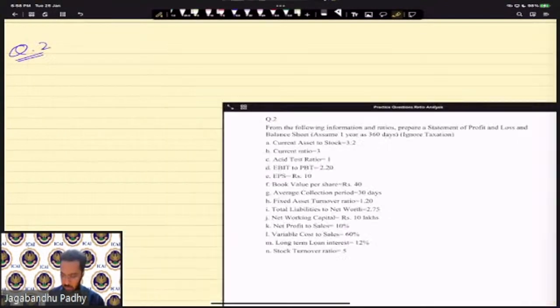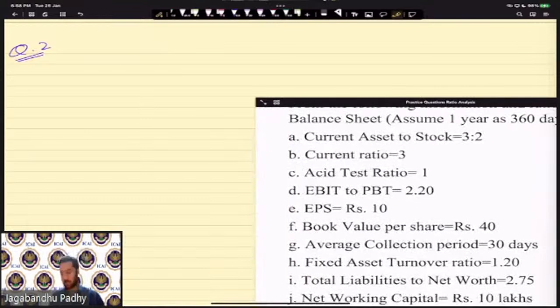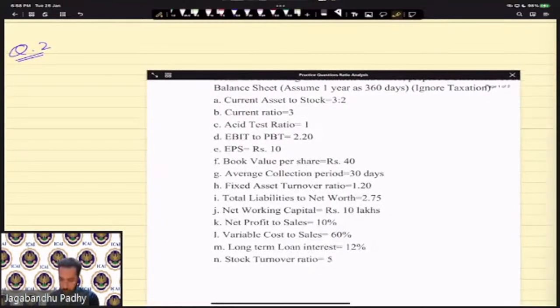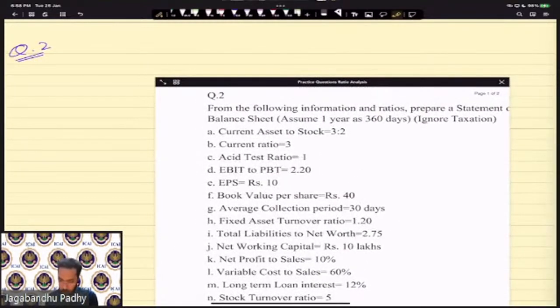First and foremost, we have current asset to stock of 3:2, and we also have a current ratio of 3. These are again ratios. As I told you, whenever there's a question with ratios, you cannot start with the solution. You need to look at some absolute number data. Against the current ratio of 3, we have a net working capital of 10 lakhs, which I can connect with my current ratio.